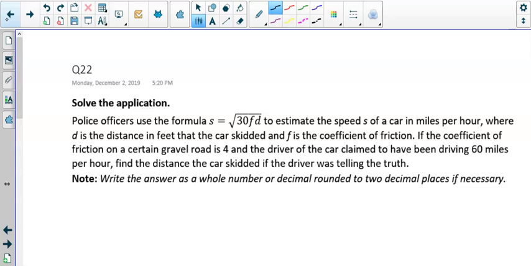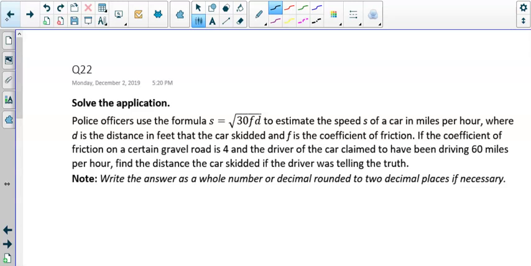F is the coefficient of friction. If the coefficient of friction on a certain gravel road is 4, and the driver of the car claimed to have been driving 60 miles per hour, find the distance the car skidded.